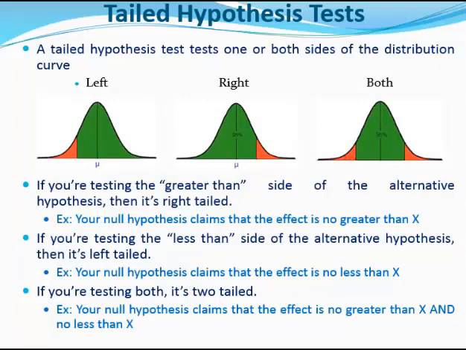Now, this is something that we discussed before already, but it's also important to understand the distinction between a one-tailed test and a two-tailed test. A one-tailed test is when you're looking for everything on one side, but you don't care about the other, whereas a two-tailed test is when you're looking for something within a specific range.